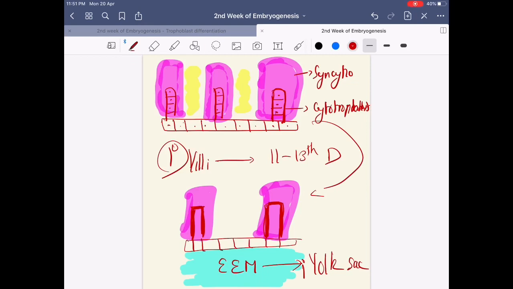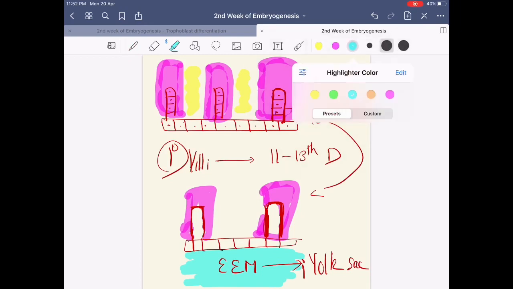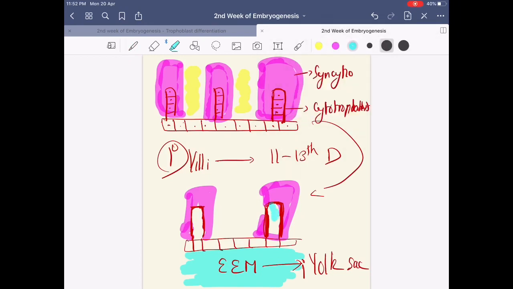And this extra embryonic mesoderm is now going to enter into this space. So I have made space for our extra embryonic mesoderm to enter. Clear? So it is now going to enter into the space like this.